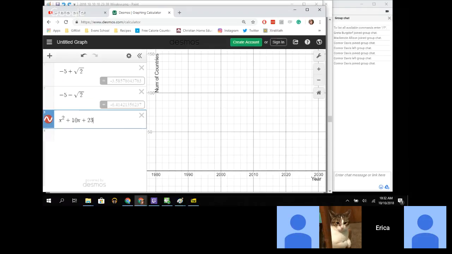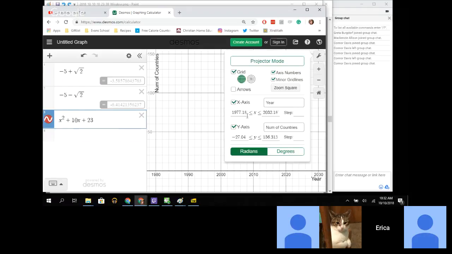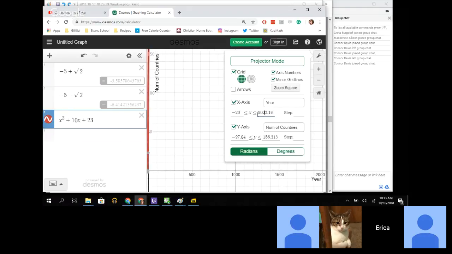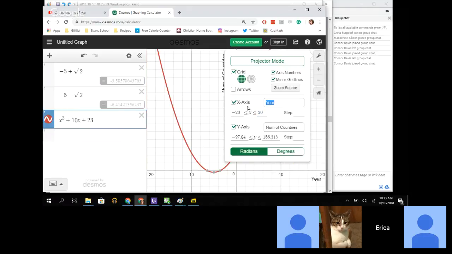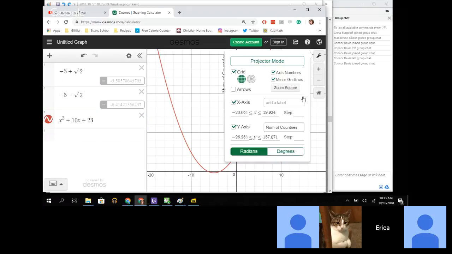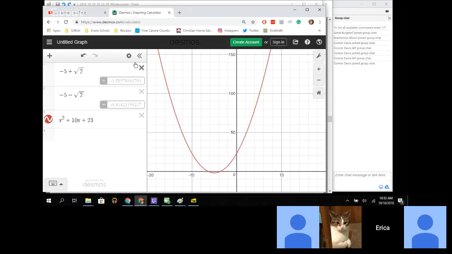Okay, and then I need to reset Desmos. Negative 22, 20. That'll work. There we go. All right, so this is my original graph.